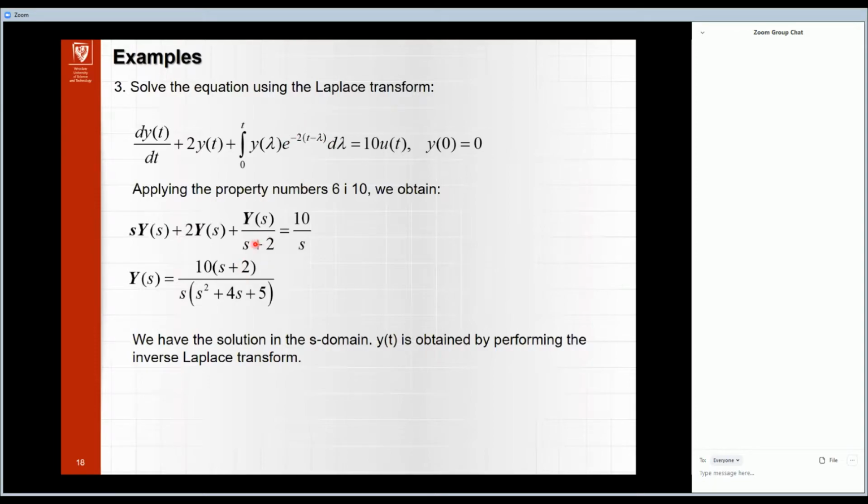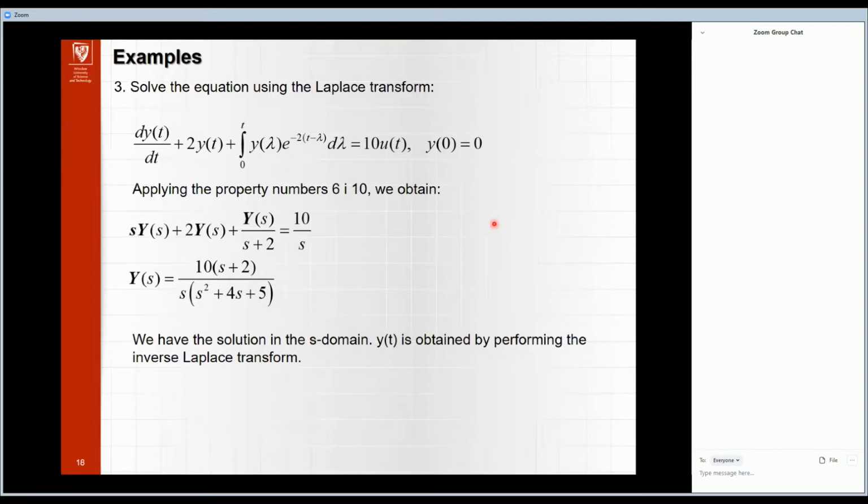So we have here s plus 2, and at the end we know about the unit step function, which is 1 by s, but the magnitude is equal to 10 here. So as a result, I obtain the Laplace transform of such functions.